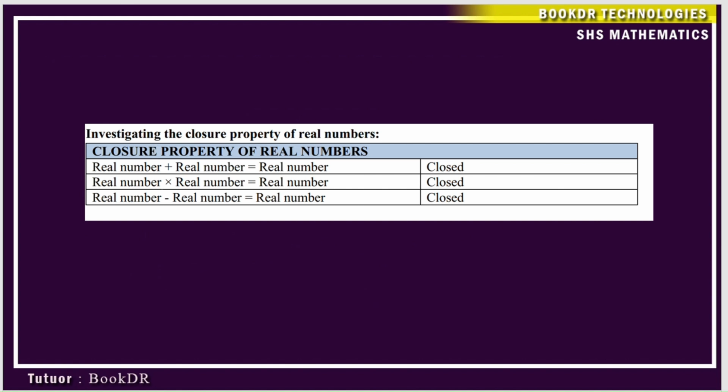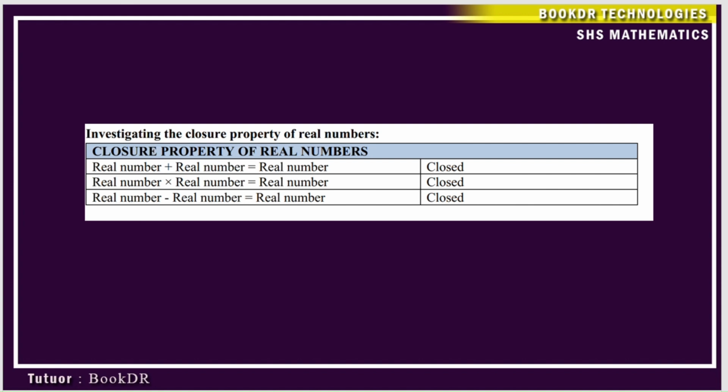In summary, we see that with real numbers, when you add a real number to another real number, the result is a real number, so it's closed. A real number multiplied by another real number, the result is a real number. As such, it is closed.